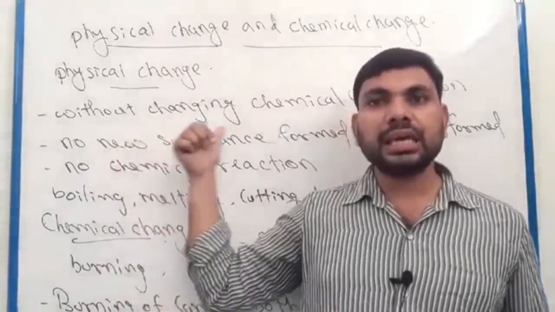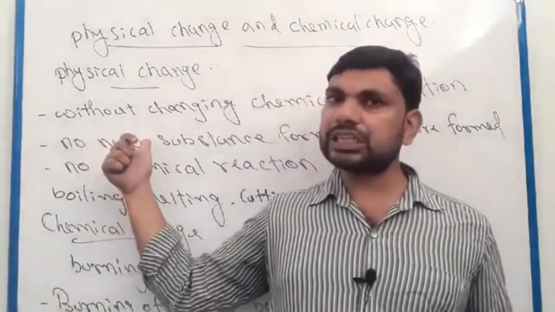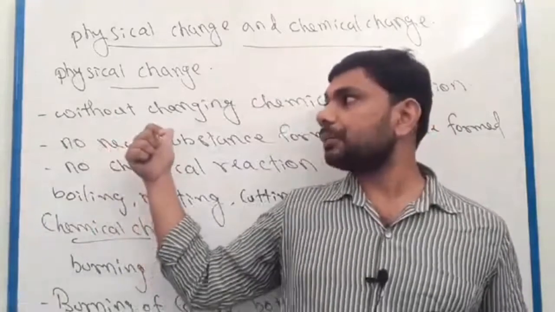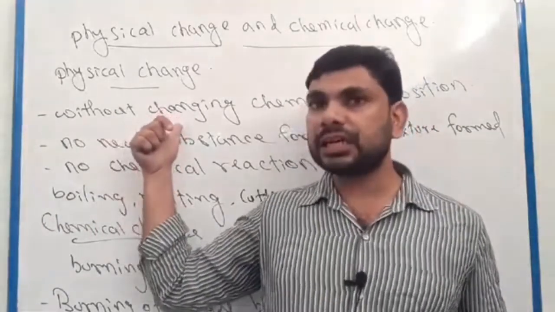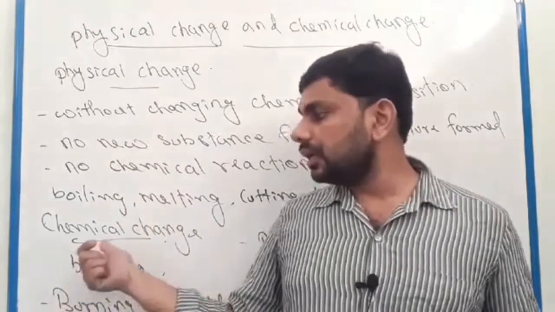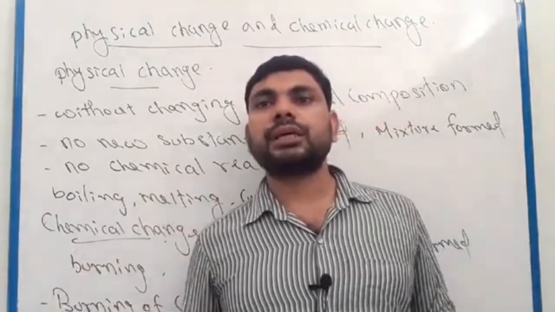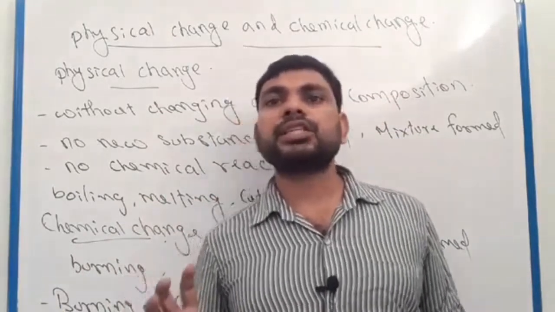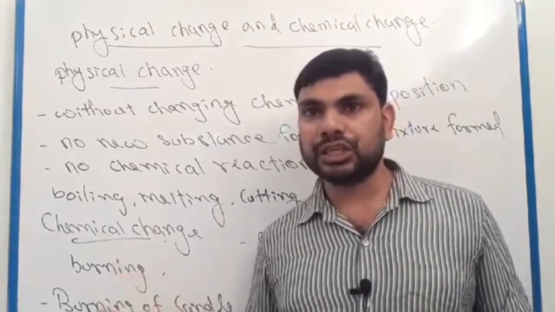We discussed mixtures are formed by physical change, but mixture means impure substance. Impure substances are formed by physical change, but pure substances, compounds, elements, are formed by chemical change.